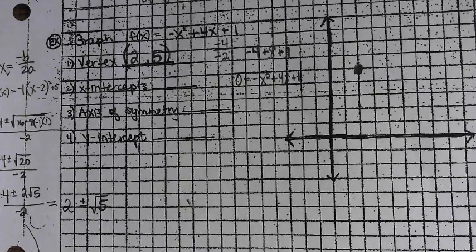But my x-intercepts need to be in the ballpark, meaning they need to be between the proper two integers. So where is 2 plus root 5 going to fall? Between what two integers?